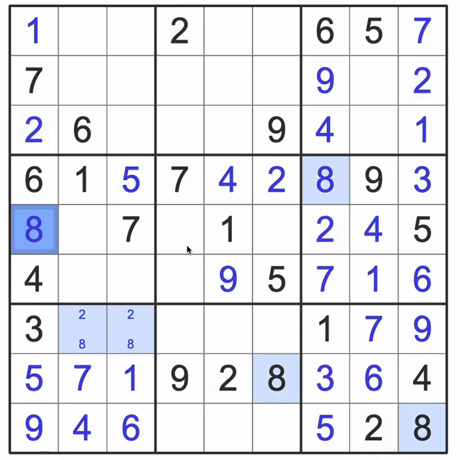And 8 blocks here, so 8 comes here. These two cells are left with 2 and 3, and it's a double, so that leaves 9 for this cell. 9 blocks here, 9 blocks here, 9 blocks here, gives me 9.